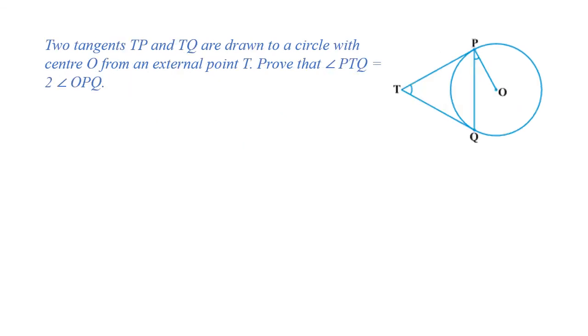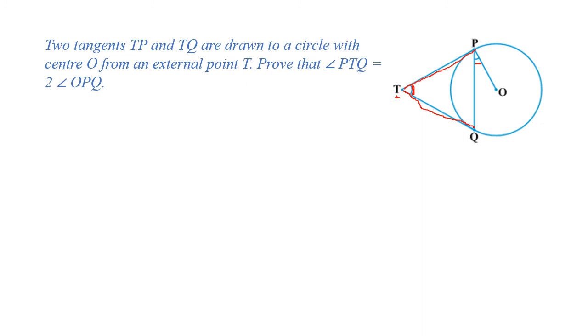Okay, look at this sum now. What have we got in this sum? We have got a circle with center O. We have got a point T lying outside, which makes two tangents TP and TQ, but we have to prove angle PTQ is twice angle OPQ.